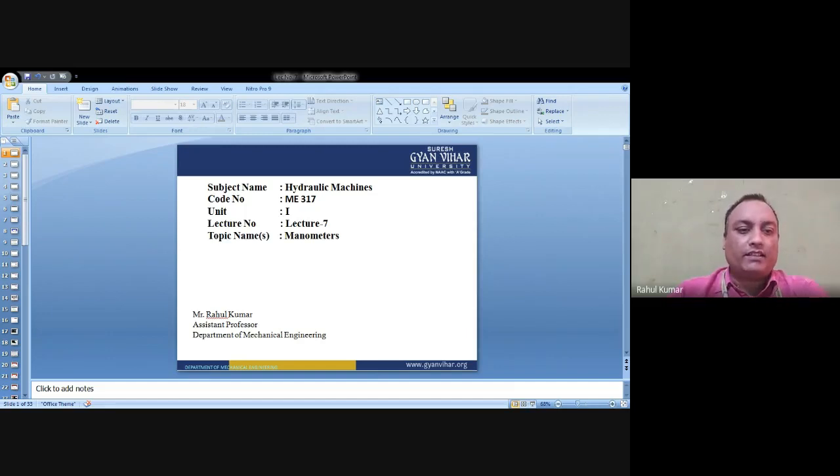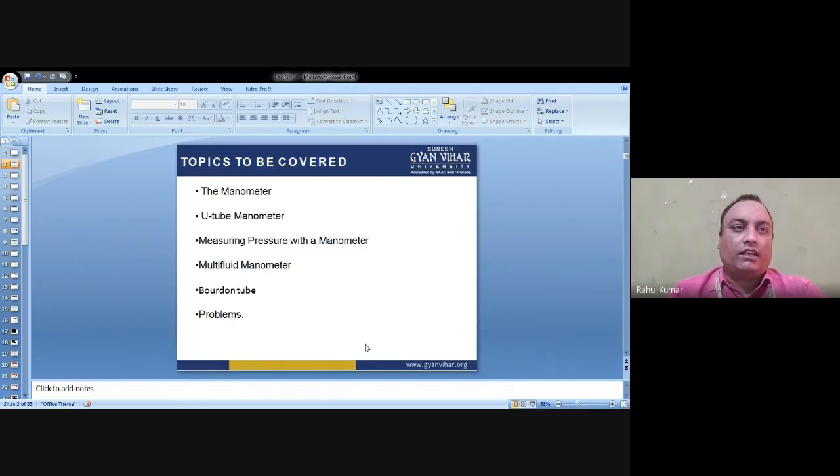There are some other devices which are used to measure pressure. These are mechanical gauges, such as the Bourdon tube pressure gauge, bellows pressure gauge, dead weight pressure gauge, and the diaphragm pressure gauge. These are the different types of devices used to measure the pressure of the liquid.